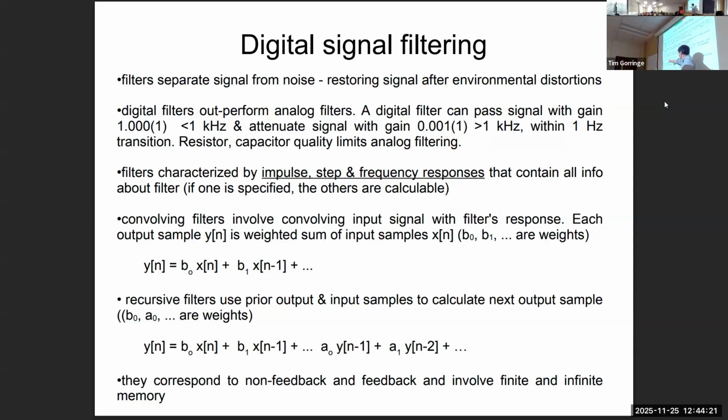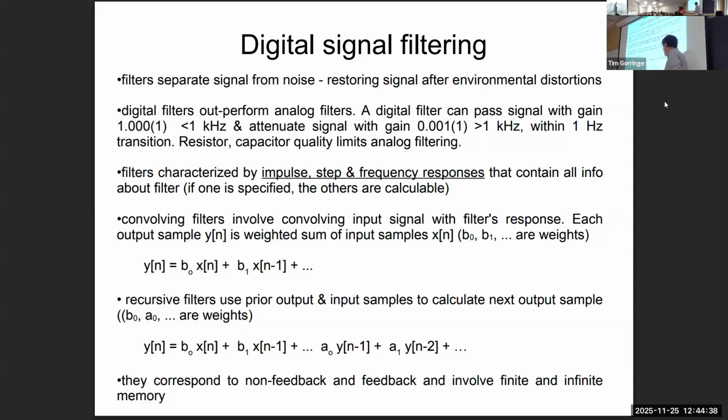So these b0, b1, and b2, and so on are coefficients that define your particular algorithm. They define your particular convolving filter.